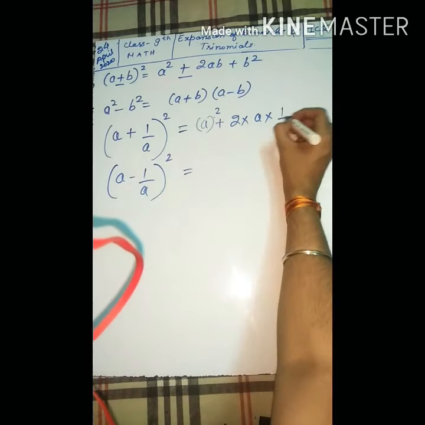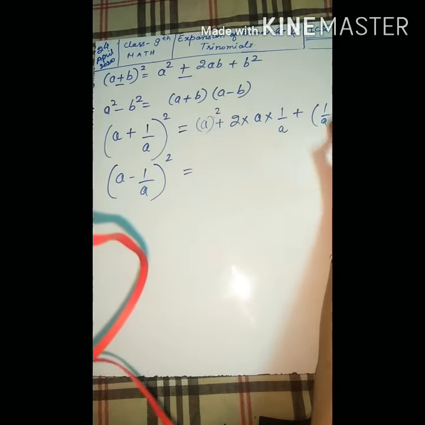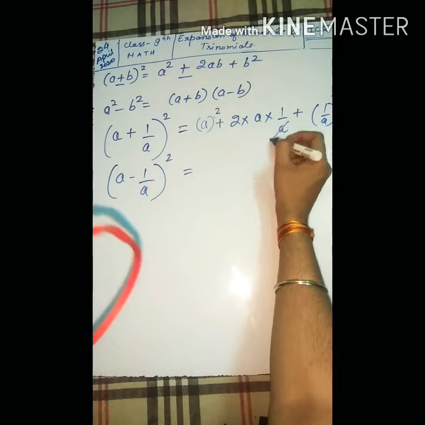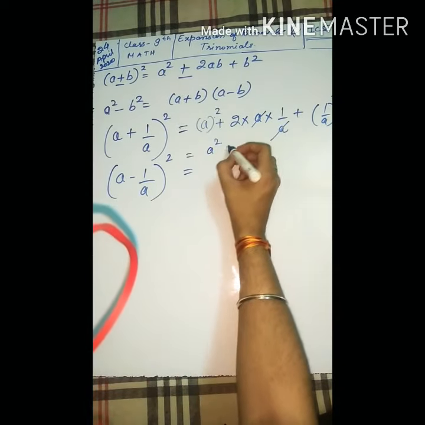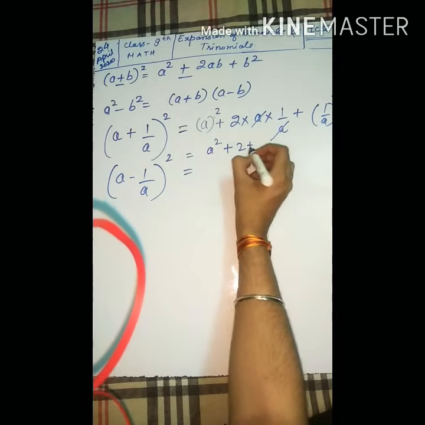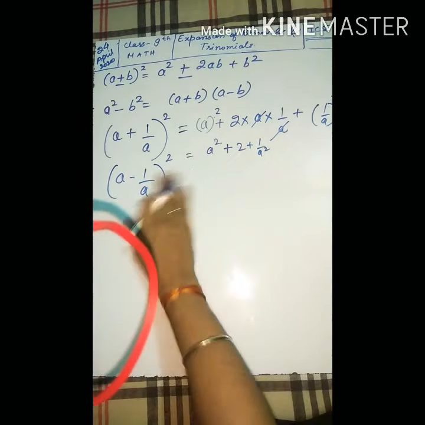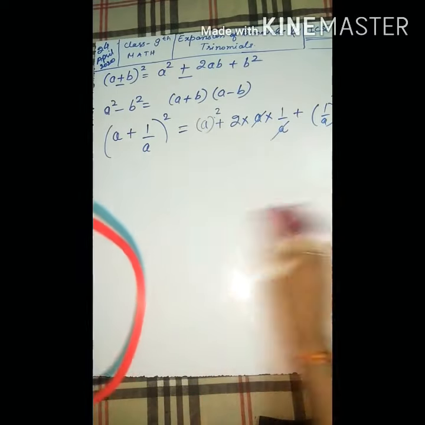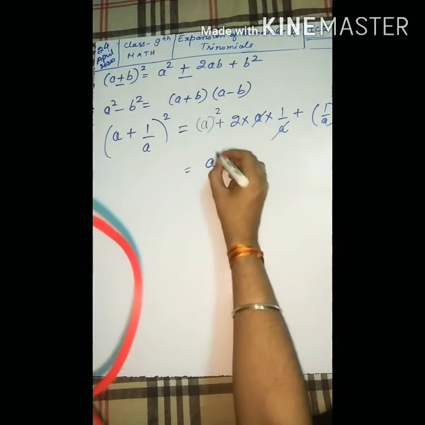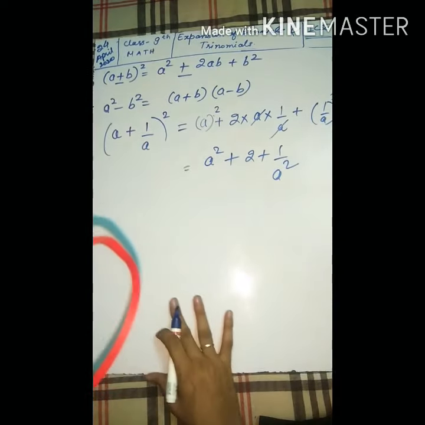It is 1 upon a. So 1 upon a plus what is b square? It will be 1 upon a whole square. a into a will be cancelled. So we are left with a square plus 2 plus 1 upon a square. So this is the solution of the identity. Answer is a square plus 2 plus 1 upon a square.